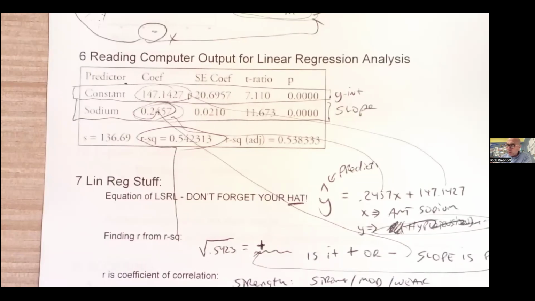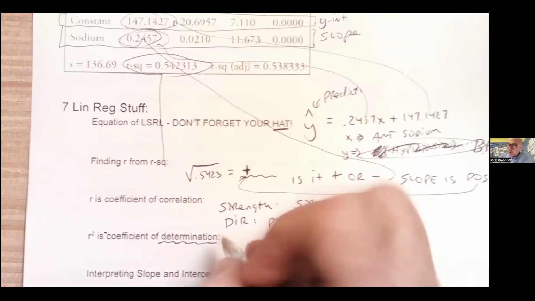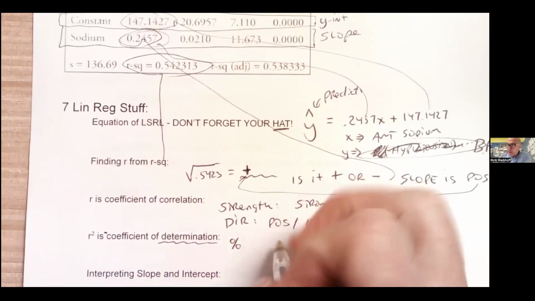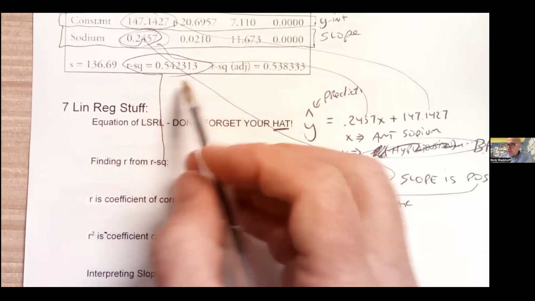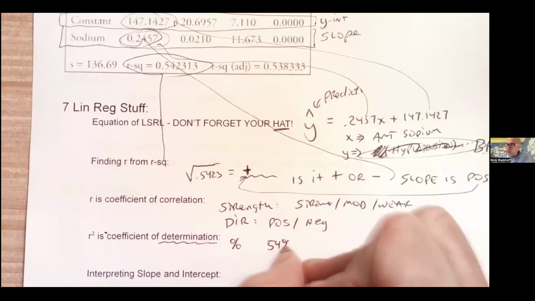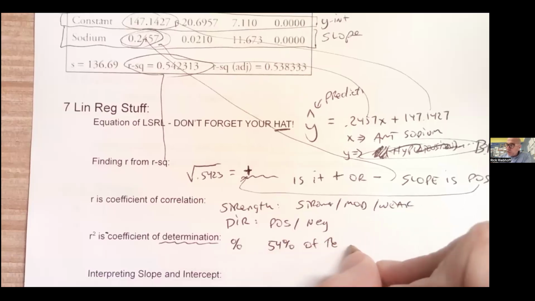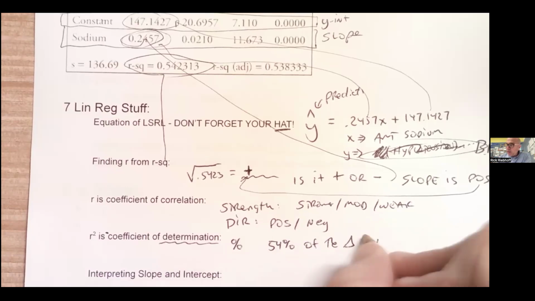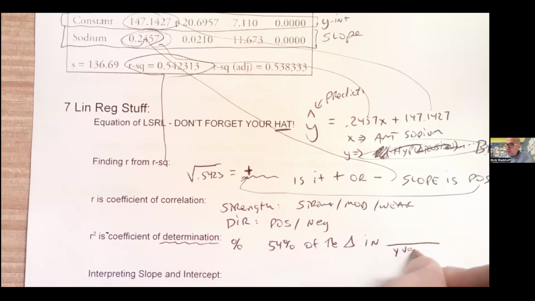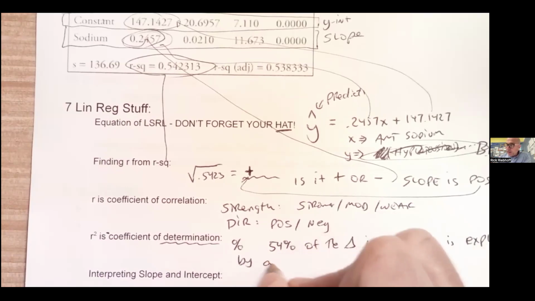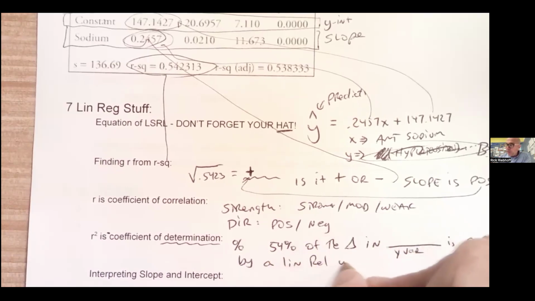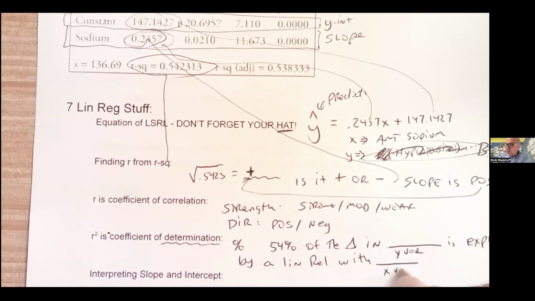Cool. R squared is the coefficient of determination. Okay. Scroll down here. It tells us the percent. So for instance, here, 54% of the change in whatever my y variable is explained by a linear relationship with my x variable.